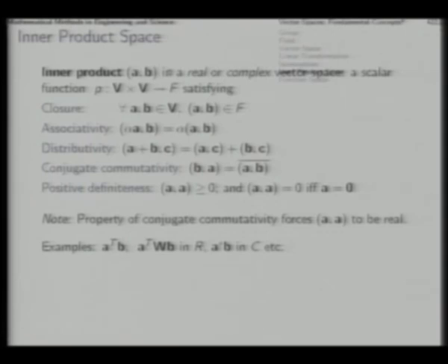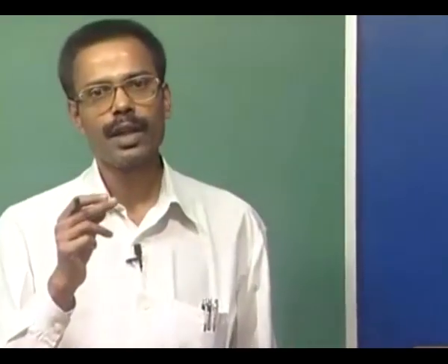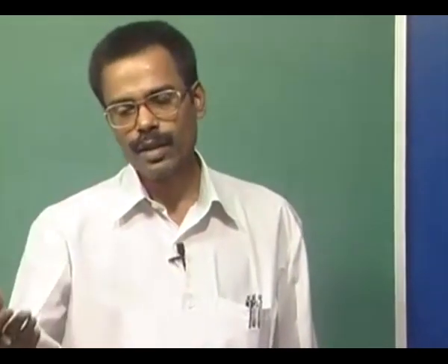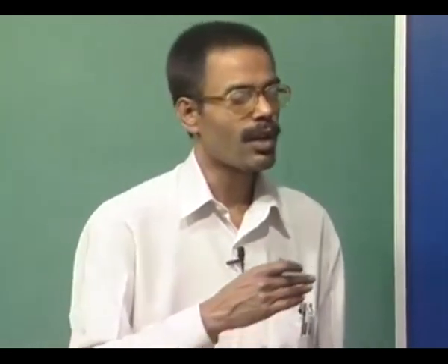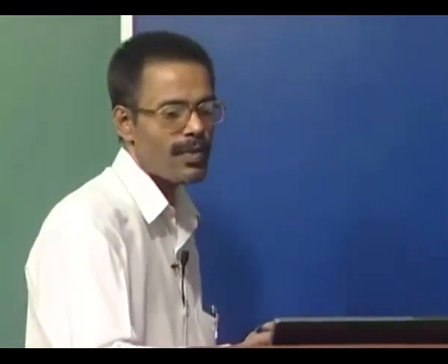F can be R or C, real or complex numbers, such that it is defined for all vectors A, B, and it has the property of associativity. If you multiply one of the components with alpha, then the product also gets multiplied with alpha, that is associativity.